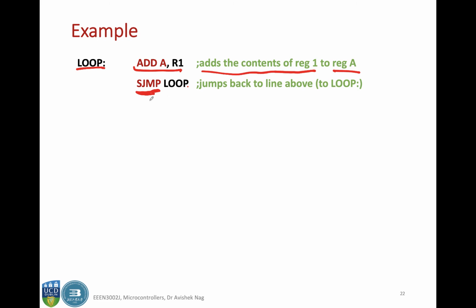Okay, you keep jumping to this line and then you add again, and then come here, and then again you jump here, and this is a loop that you can run. Okay, so that's why you can use some labels to just jump to those lines. Okay, so the general instruction format is label, opcode, operand, and then comment.